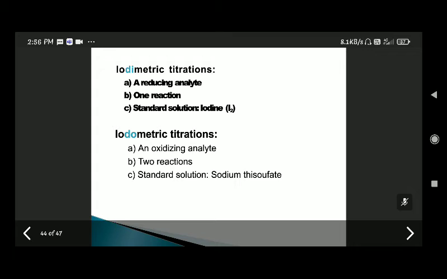That means the equivalent weight of KMnO4 depends upon the medium. In acidic medium, it is molecular mass divided by 5, whereas in alkaline medium it depends upon the number of electrons involved. Keep that in mind: it has different equivalent weights in different mediums.